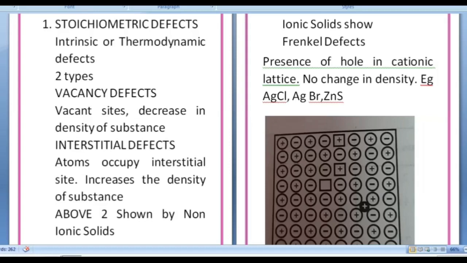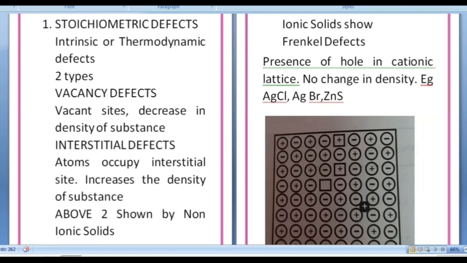Interstitial defects occur when atoms occupy an interstitial site. What is the meaning of interstitial site? Suppose in a classroom the children are sitting in rows and columns.